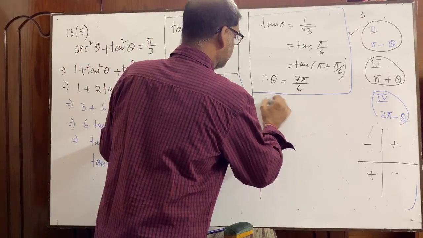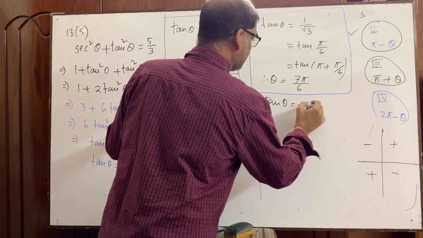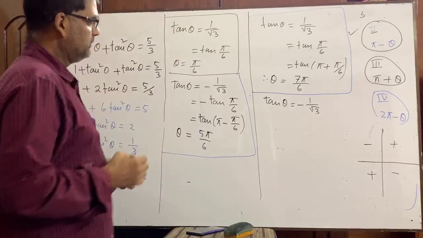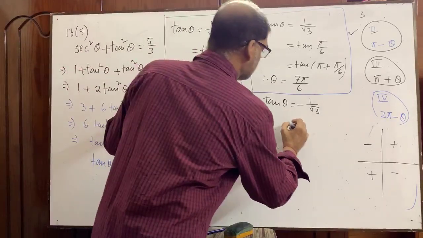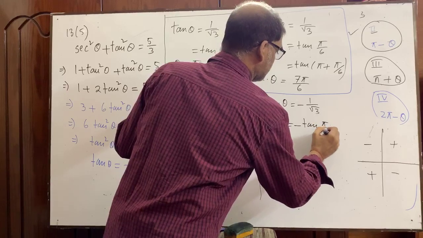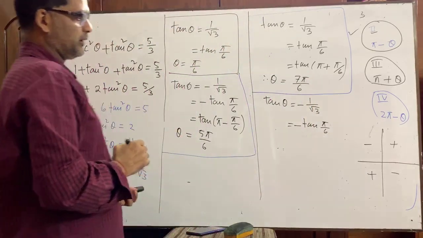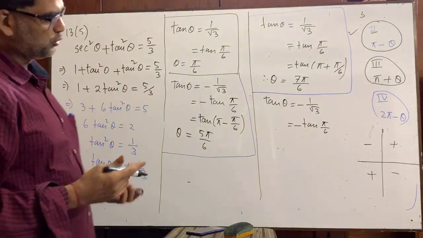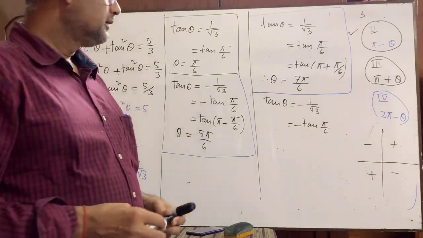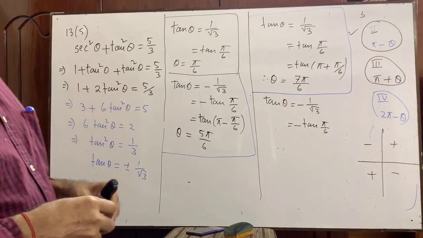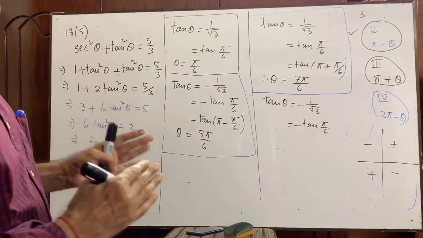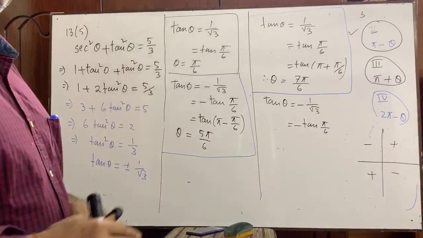Tan theta is equal to what? Minus 1 by root over 3, right? Then it is minus tan pi by 6. Okay, what I told you again and again, that in the fourth quadrant the way to find the angle is theta equals to 2 pi minus theta.